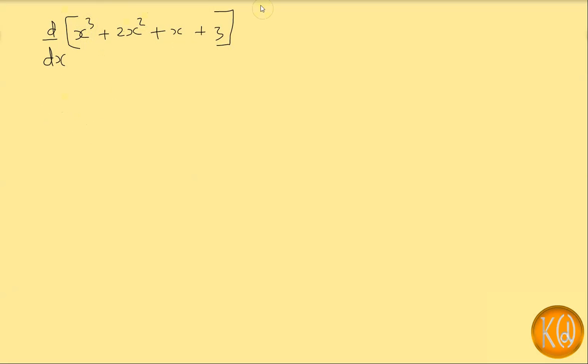We'll first differentiate x cubed, and if you can recall, you multiply by the power, write back your x, then you reduce the power by 1, so 3 minus 1, and plus we multiply by the power.